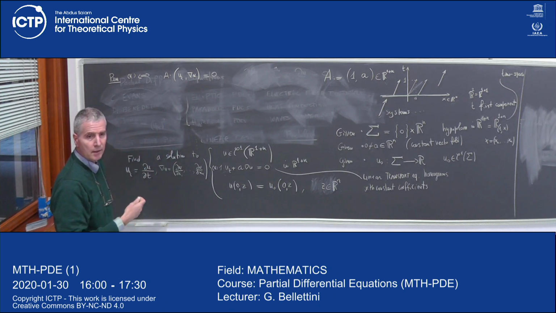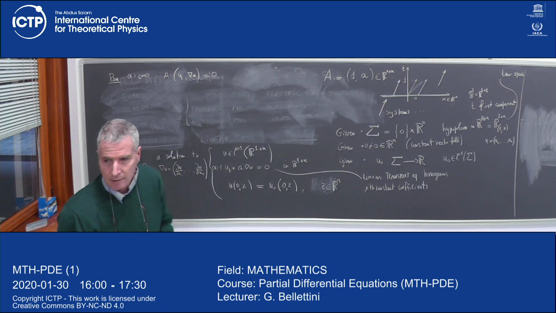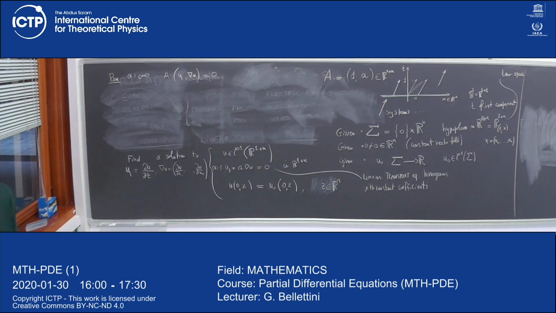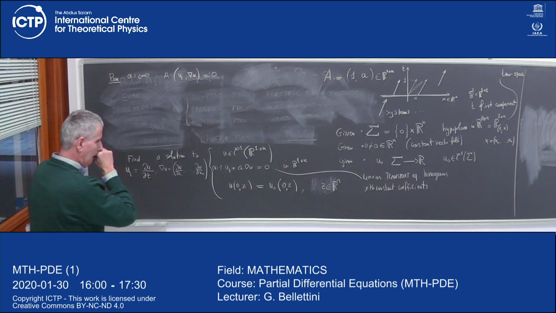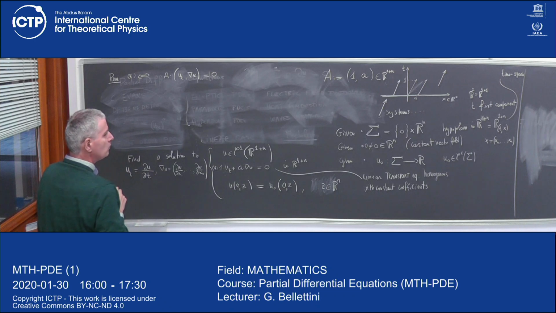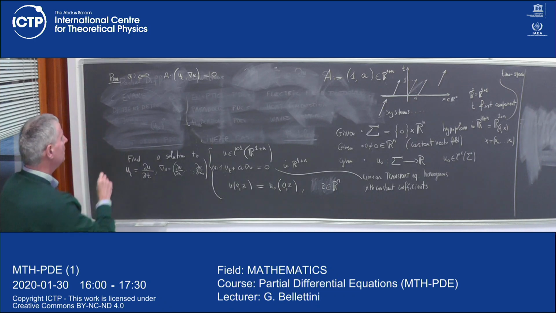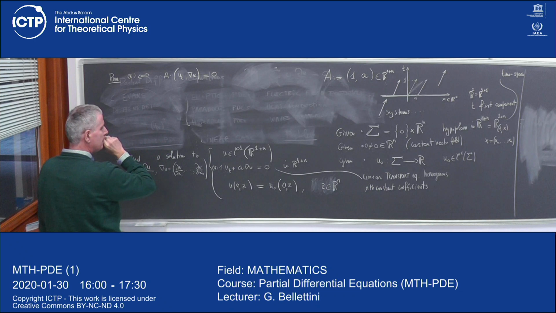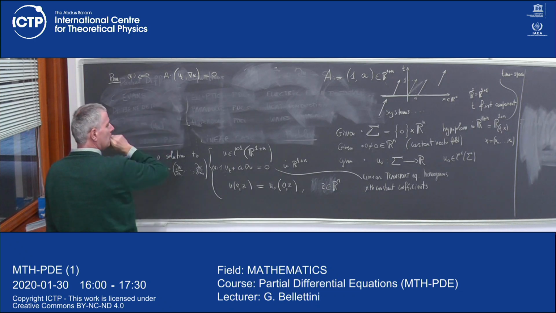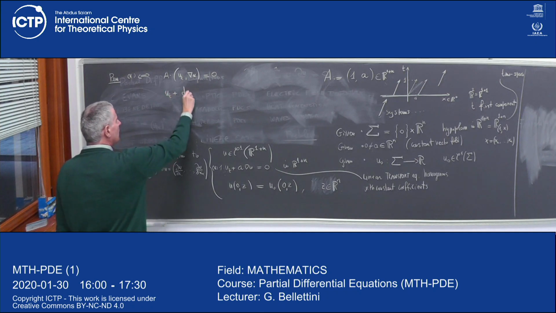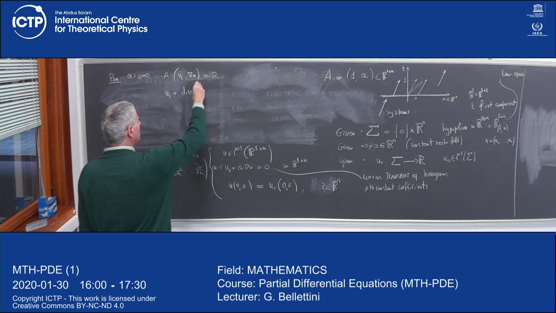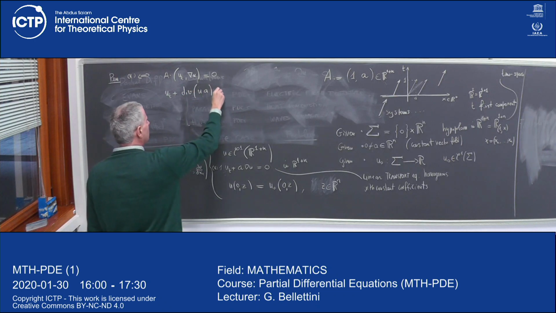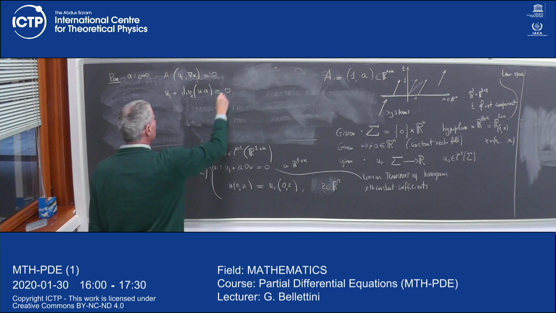Okay, so it is a 1 plus n vector. Another way in which we can write this is u_t plus divergence of uA, divergence in space, equals 0.